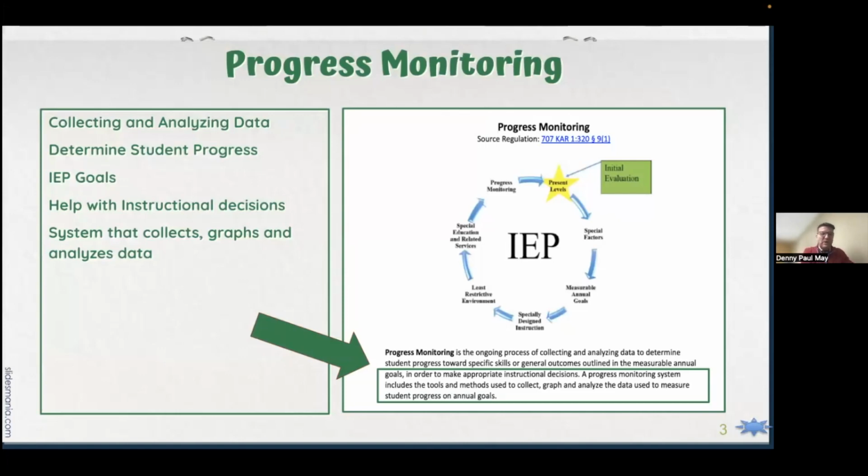And when we establish that in our present level, then we've got something that helps us write our goals for our students. And those goals can then be measured and monitored, and it can be our evidence that we've done the specially designed instruction, and here is the proof that this student is headed in the right direction.